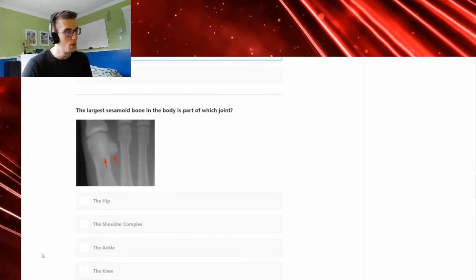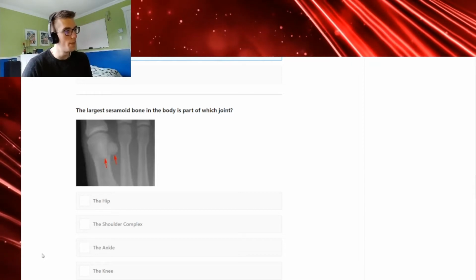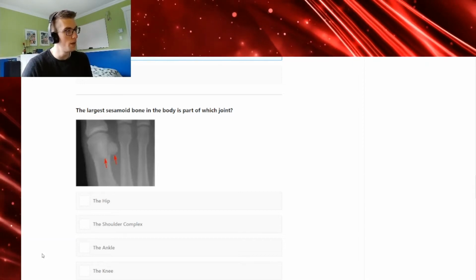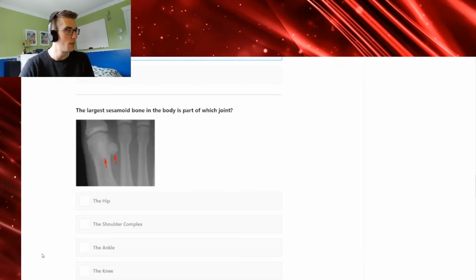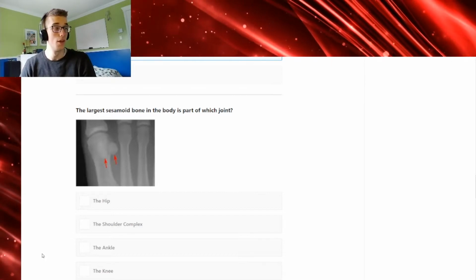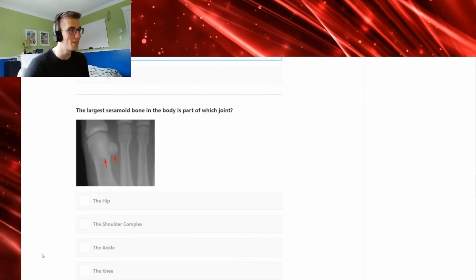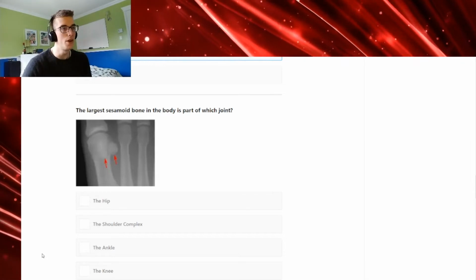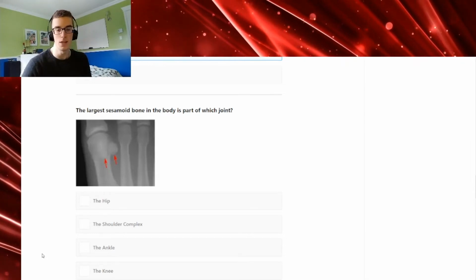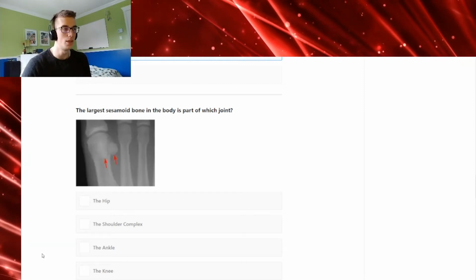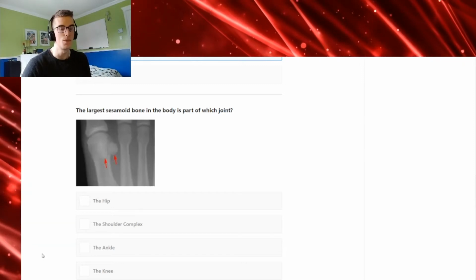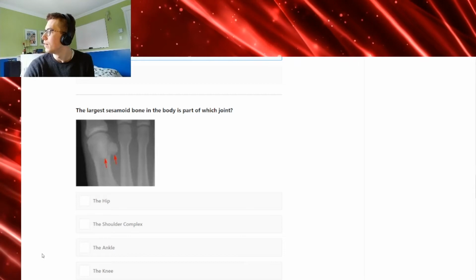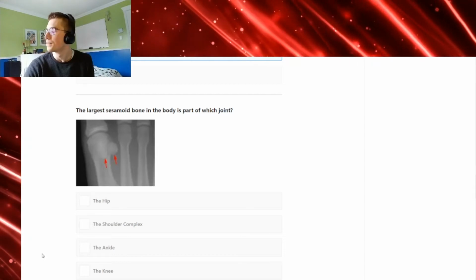Okay, the largest sesamoid bone in the body is part of which joint? So first of all, what's a sesamoid bone? It's referred to as a bone that is not connected with ligaments, or not connected, but how can I say it?